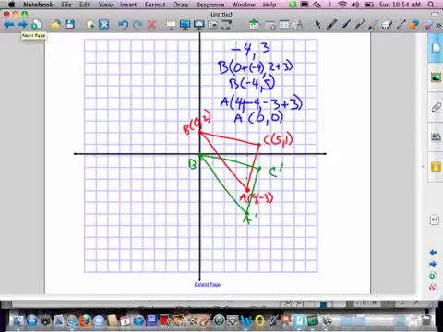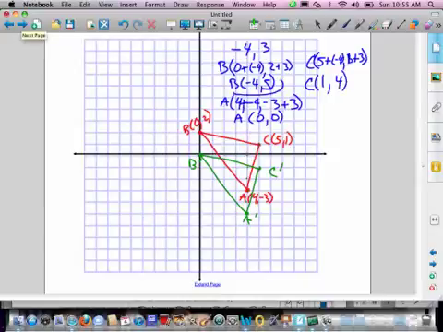And then C, we've got 5 plus the negative 4, and then 3. Oh, I'm sorry, C is not 3, C is 1. 1 plus the 3. Okay, so we get C is 1, 4. So there are my translation points.